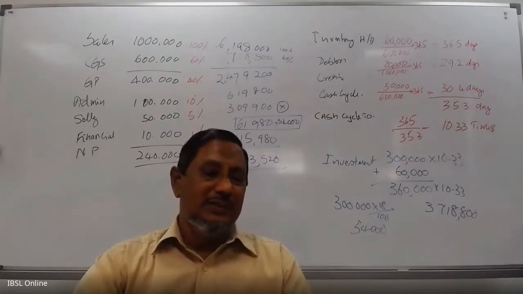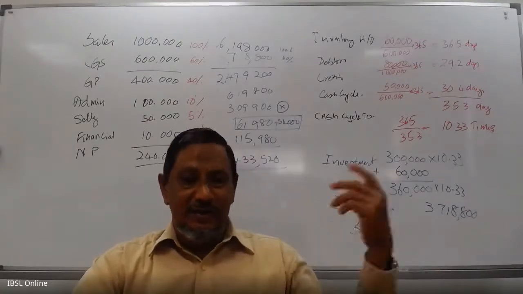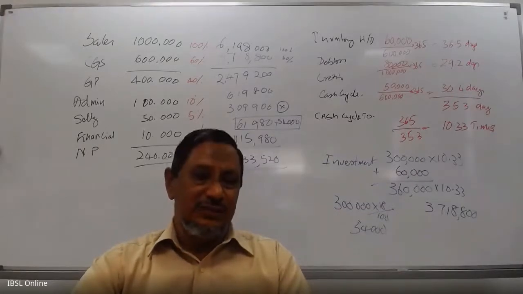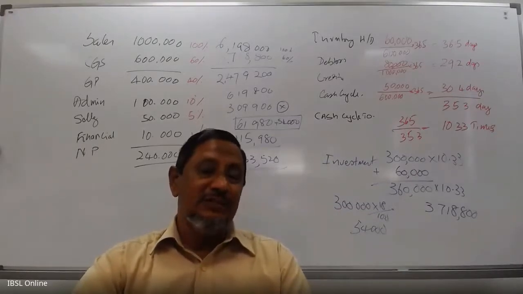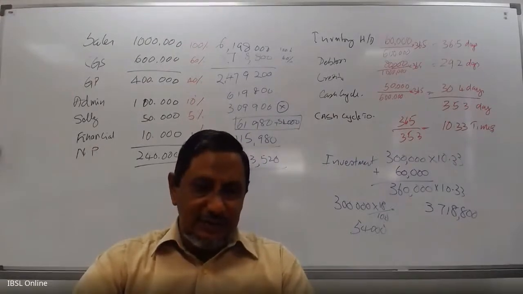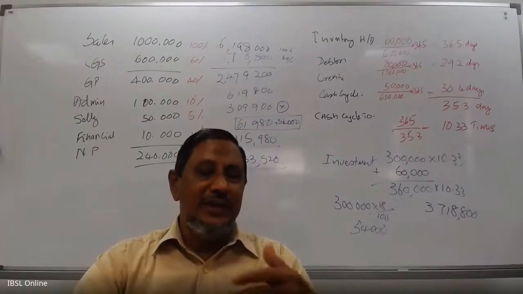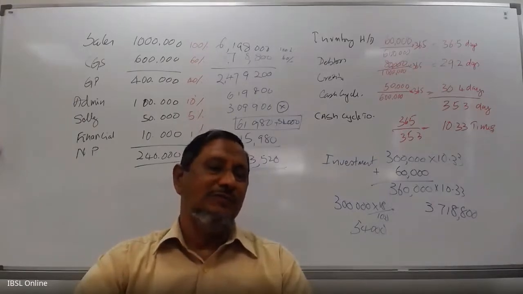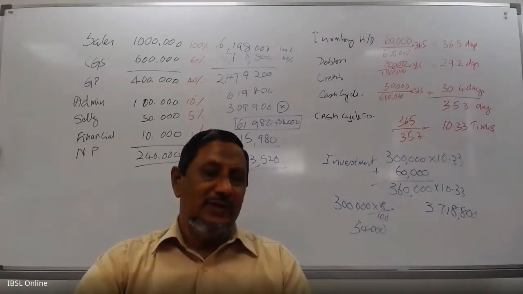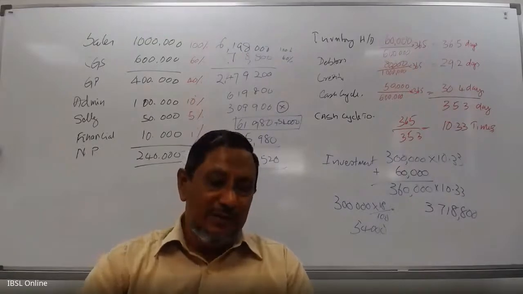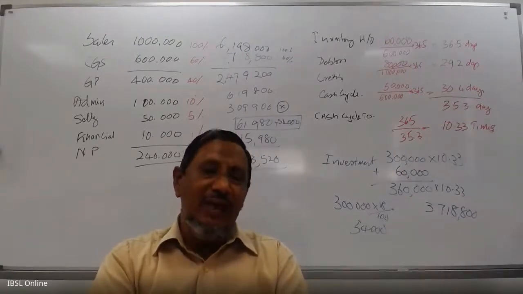That means he invested 60,000 in this inventory and generated income of 24,000 for the year. So therefore, if the capacity is there, we can go.